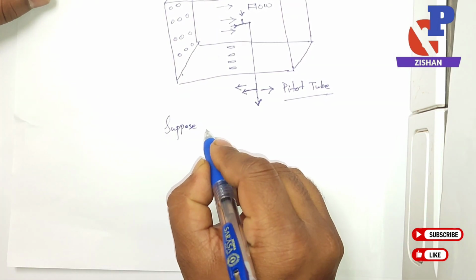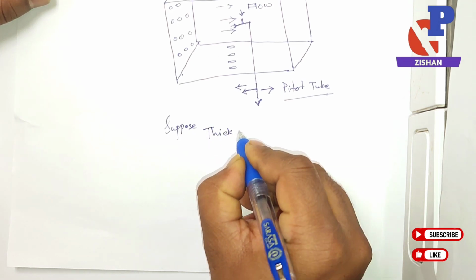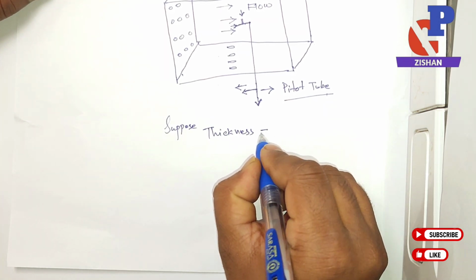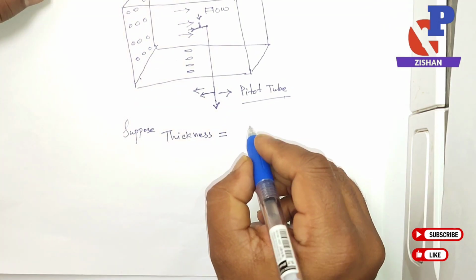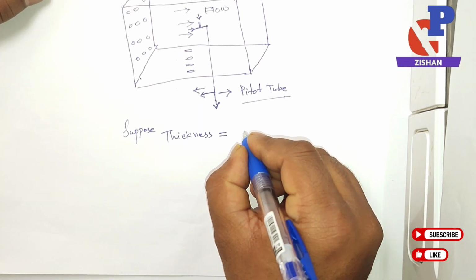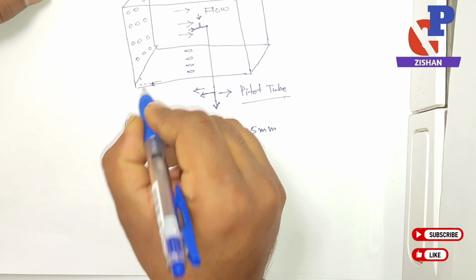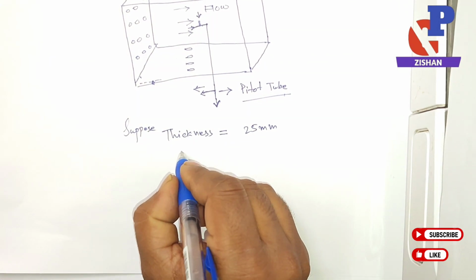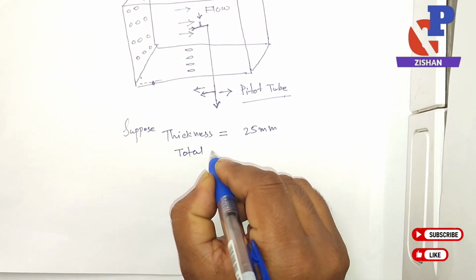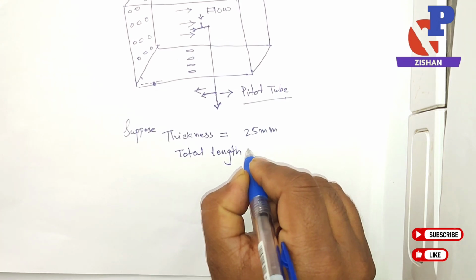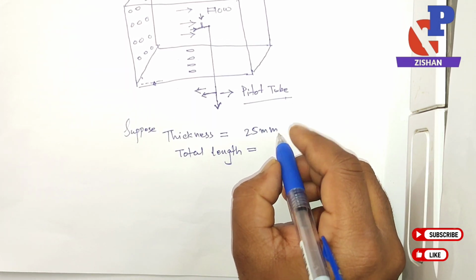Now we are going to calculate the CFM inside the rectangular duct. Suppose the thickness of the insulation on both sides is 25 mm for the rectangular duct. The total length is 1200 mm.